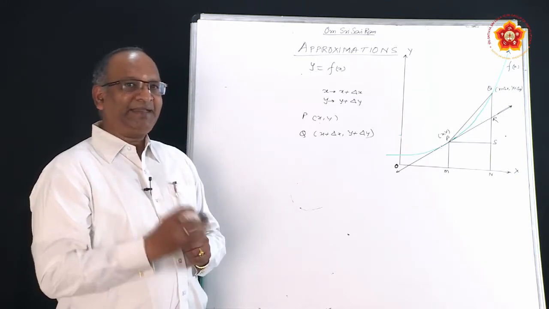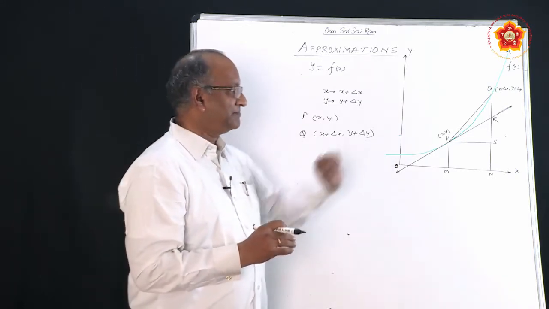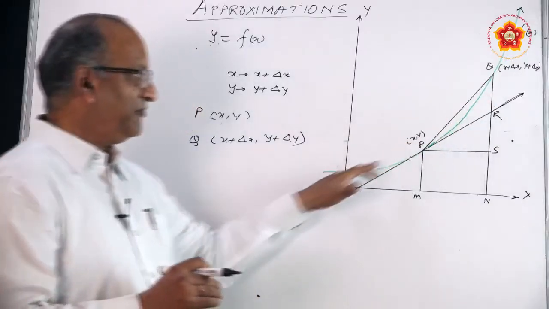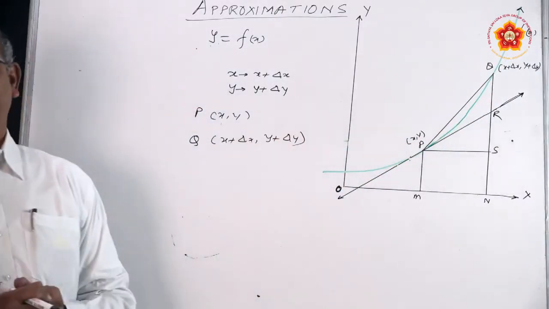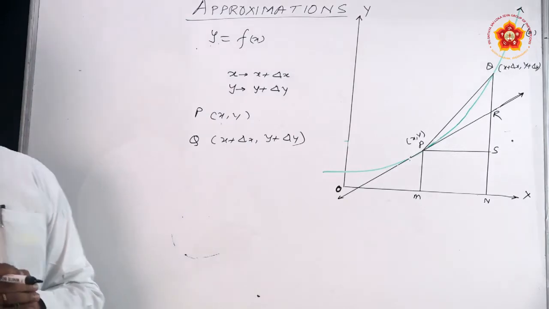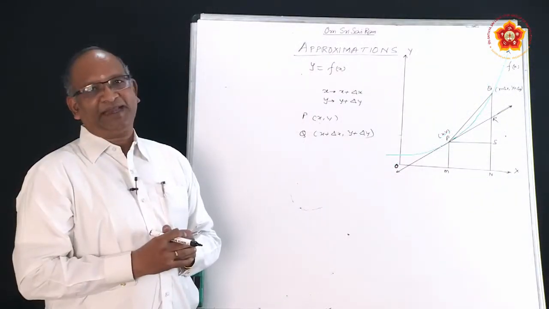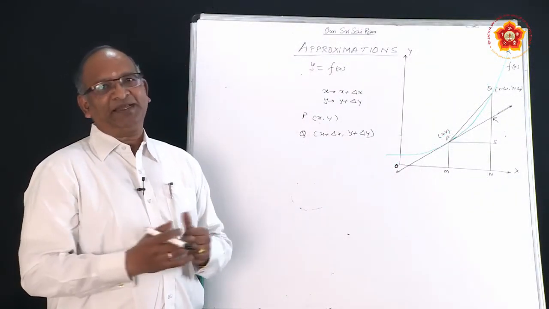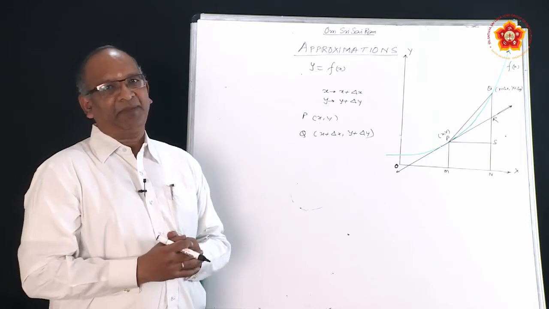And then a tangent is drawn at P. Remember, this is a tangent drawn at P. Yesterday we studied about tangents. How do you find the slope of a tangent? The slope of the tangent is the derivative dy by dx.